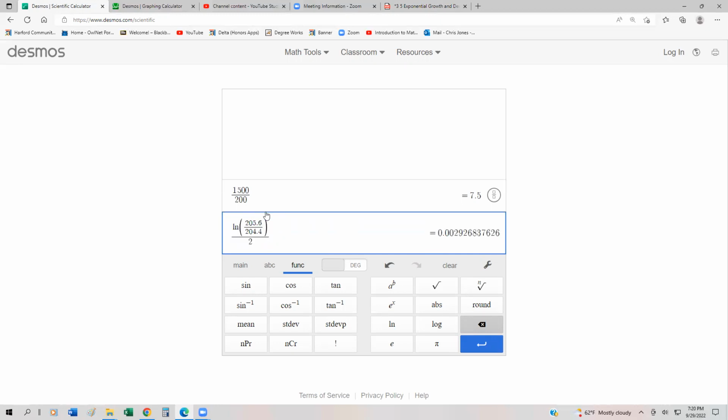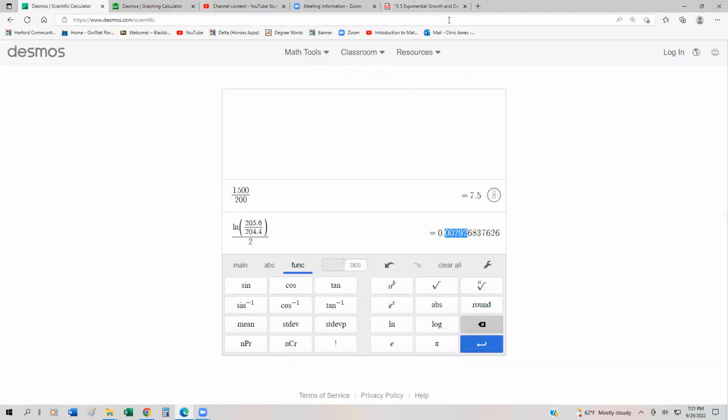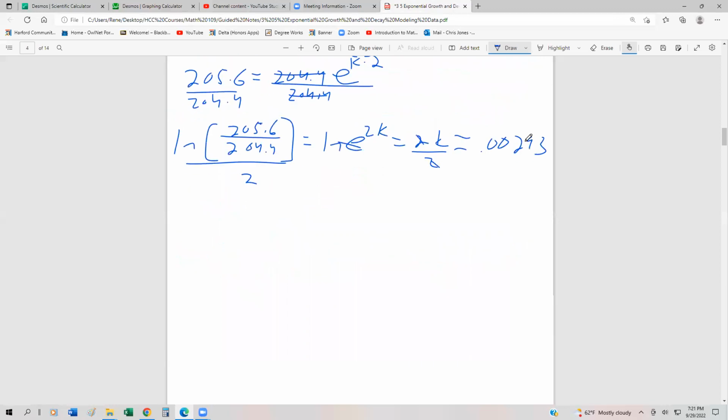All right, and that gives me 0.00293. All right, so if I'm rounding it off to 5 decimal places, our k is going to be 0.00293. All right, so that's our k, and that gives us our model now.